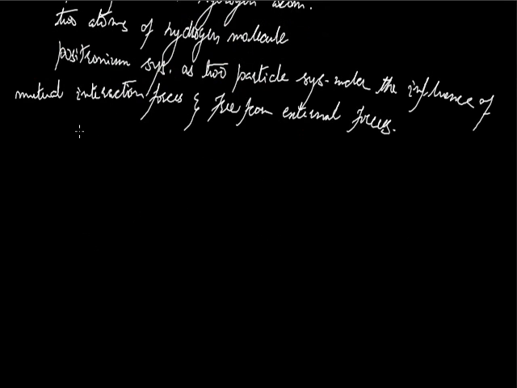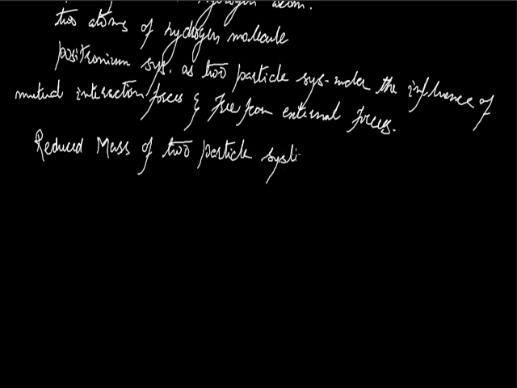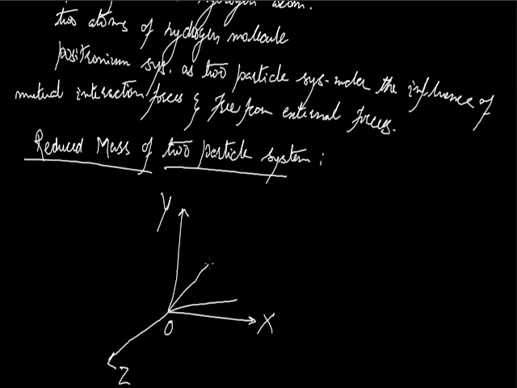Now let us go to the reduced mass of two particle system. Here are the two particles, namely M1 and M2.